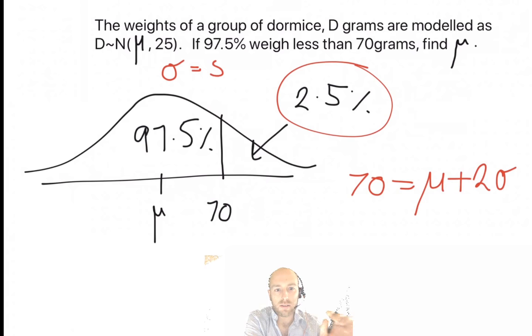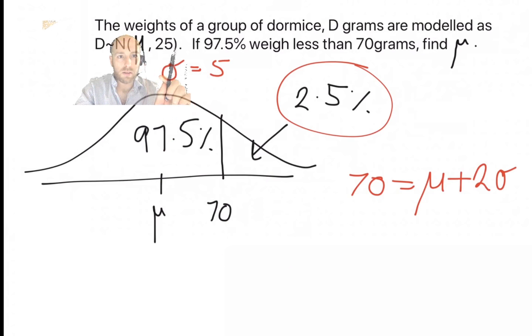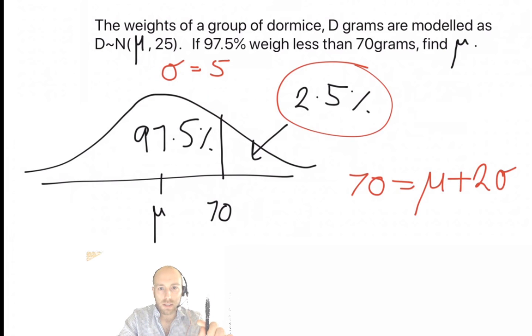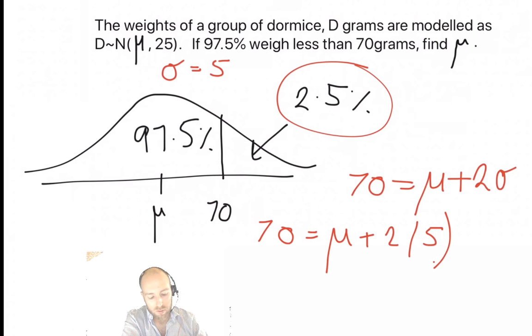Because obviously that's sigma squared, so therefore sigma is 5. So 70 equals mu plus 2 lots of 5. In other words, 70 is mu plus 10. So mu equals 60. And that is how you do that one.